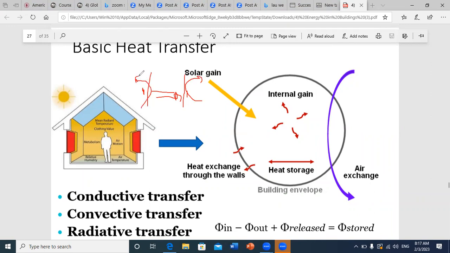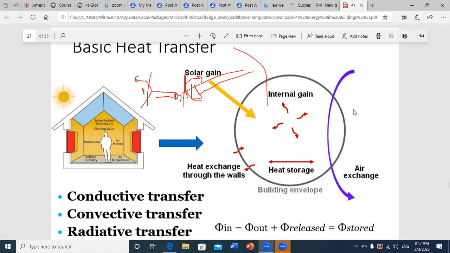Plus also, because of the difference in temperature between the surrounding and your surfaces, you can have heat exchange by radiation. Okay, so we'll go deep into some equations of these processes and how to implement them in simulations next time. Okay, any question on this?